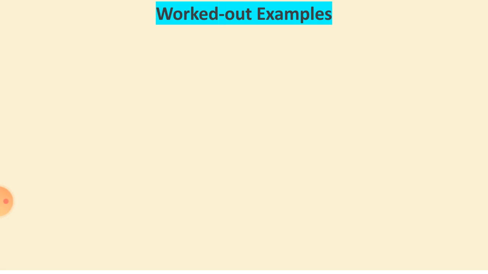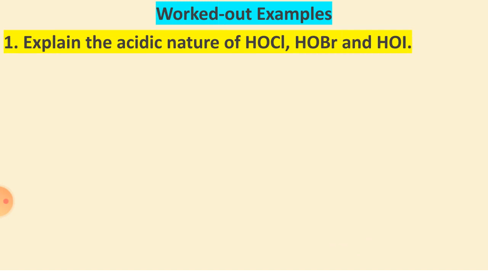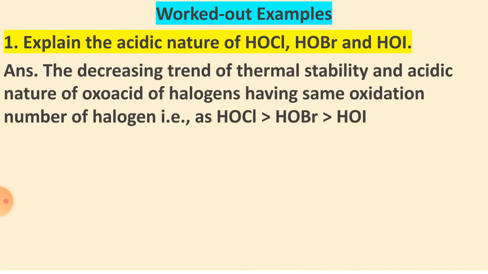Now dear students, worked example. Question number 1: explain the acidic nature of HClO, HBrO and HIO. Write your answer. I told you about the decreasing trend of thermal stability and acidic nature of oxoacids of halogens having the same oxidation number, like this: HOCl, HOBr and HOI.